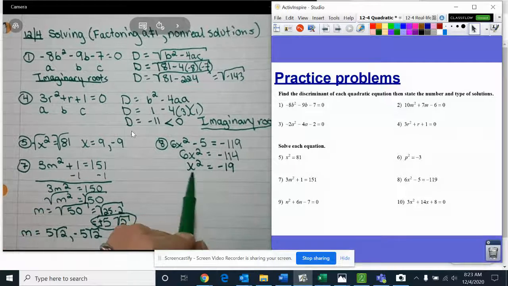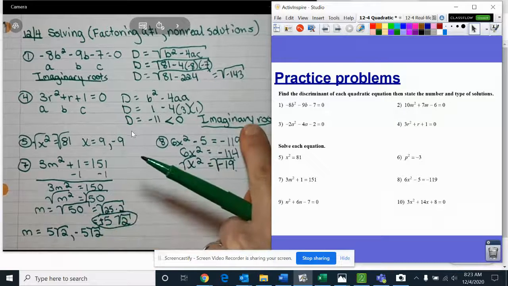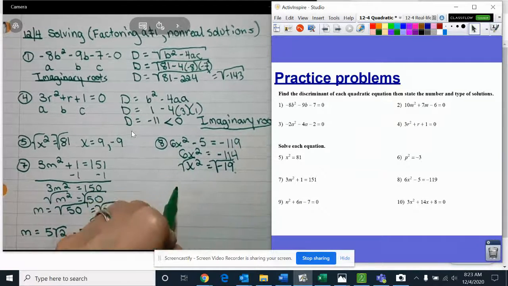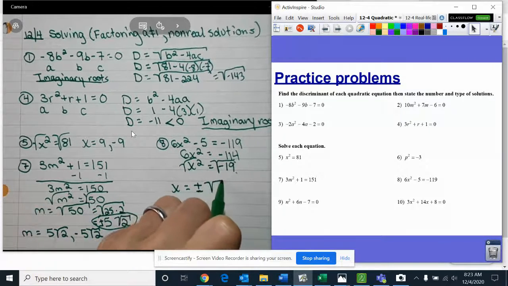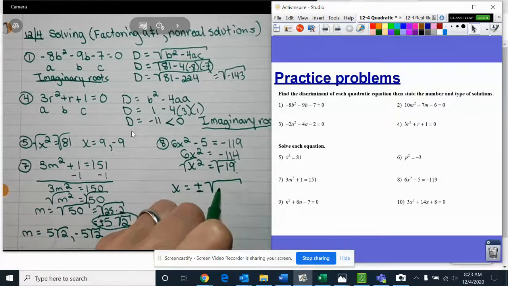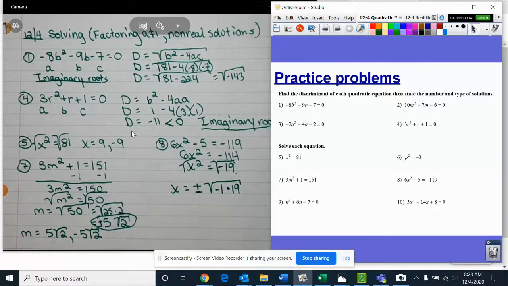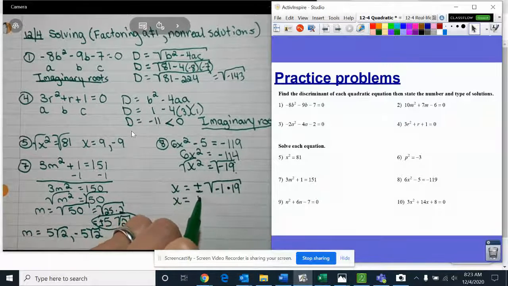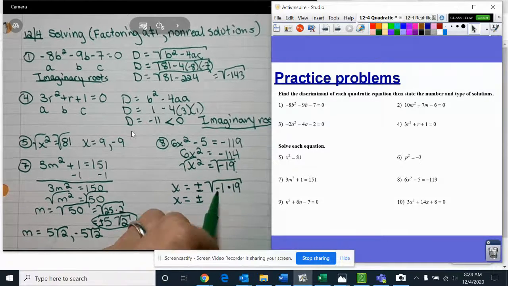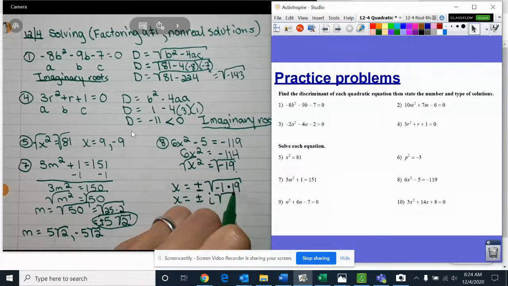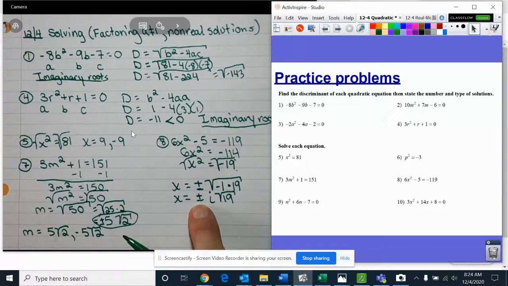Well, we can take the square root of this, and we just know that it is going to have an imaginary number in it. And so x is equal to the positive and the negative of the square root of negative 1 times 19. Then we can break that square root of negative 1 separate from 19 and write it as i times the square root of 19. So this would be your final answer for number 8.